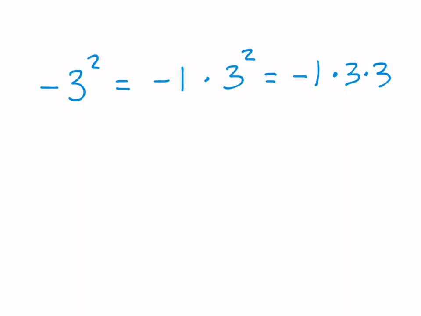Now here's maybe another way to explain this. This notation means -1 times 3 squared, or -1 times 3 times 3. And you can see that that's -9.